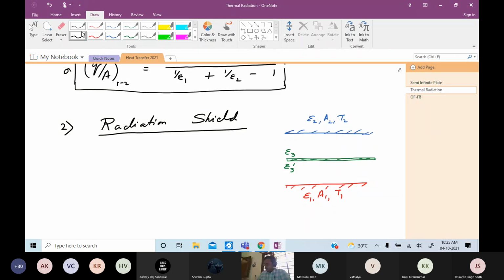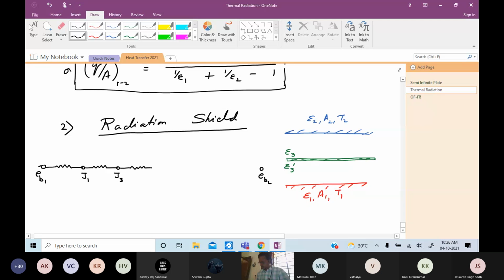So what do I have? I have EB1 and EB2 at the two ends. Clear? J1, J3, EB3, because it's the same temperature.